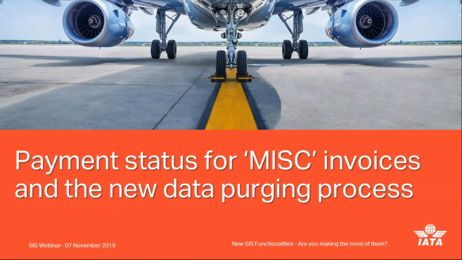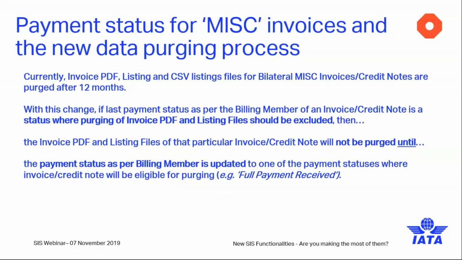The next section we'll cover is the payment status for miscellaneous invoices and the new data purging process. Currently, invoice PDFs, listings, and CSV list files for bilateral miscellaneous invoices and credit notes are purged after 12 months.